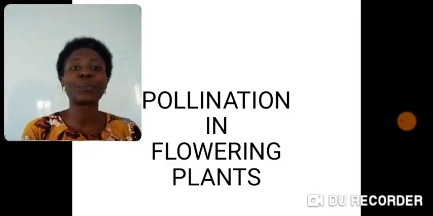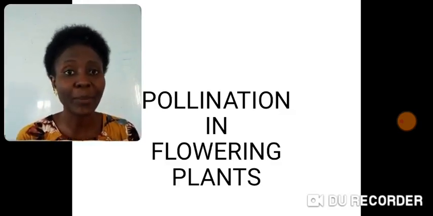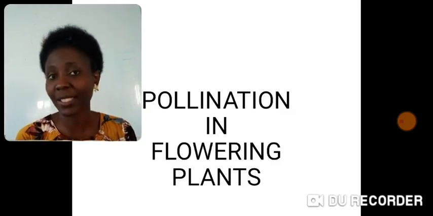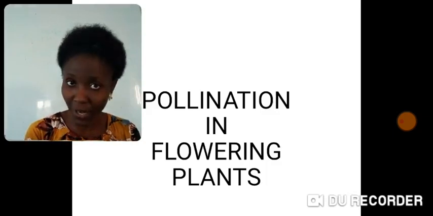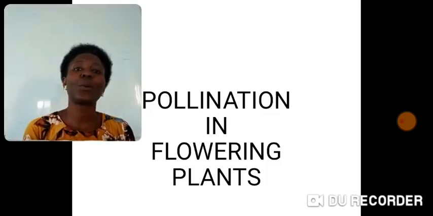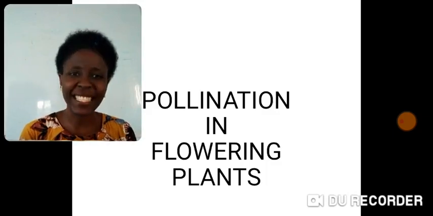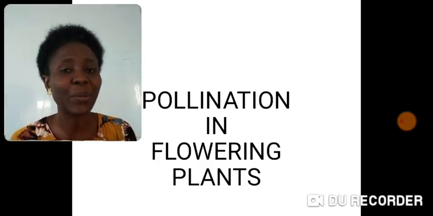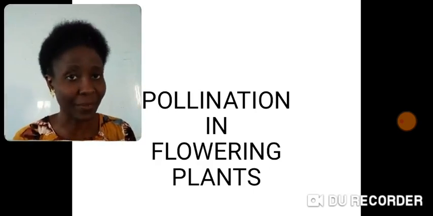So what is pollination? I know you've heard about it before. This is not the first time you have come across the word. So you have an idea, I suppose. However, for formality, we'll just discuss and define.